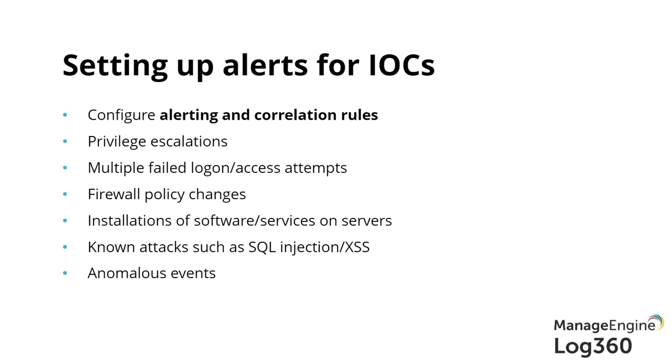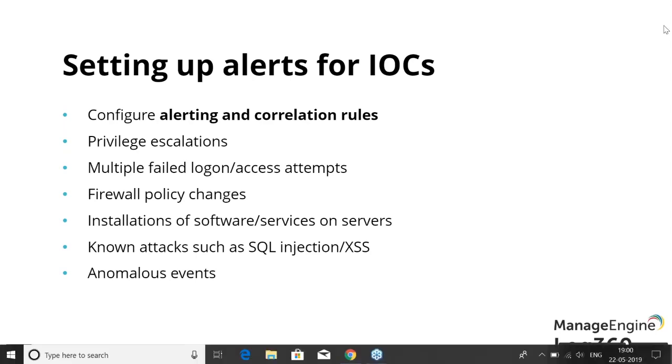Firewall policy changes. What if someone goes and changes a firewall policy? Installation of software or services, right? I'm sure all of you would agree with me that you very rarely install new software on one of your critical servers, right? That just doesn't happen.